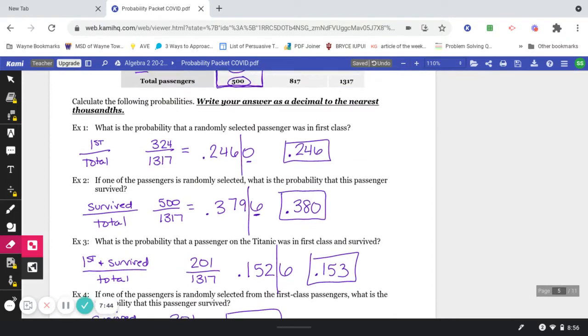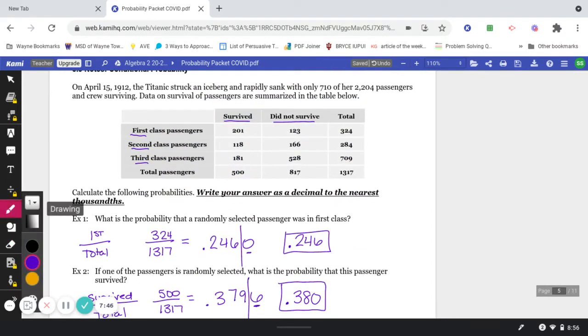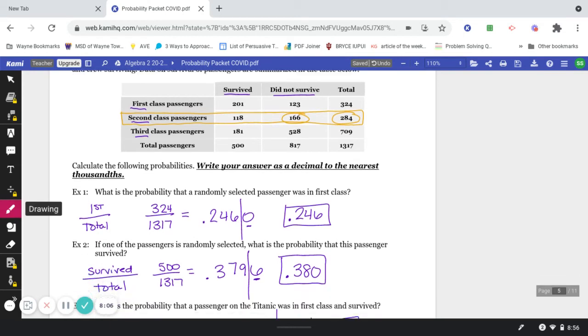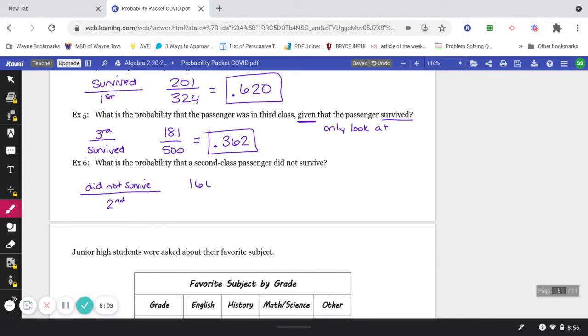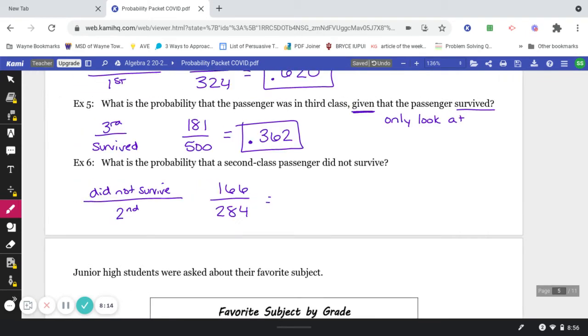So as we scroll up to the second class, and we just focus our attention on second class right here, we need the ones that did not survive, 166, out of the total second class passengers, 284. 166 out of 284. Type that into the calculator and round correctly for 0.585.